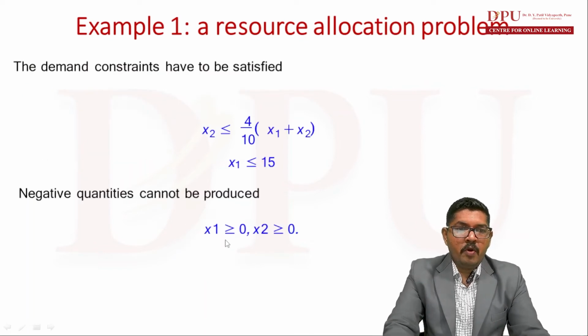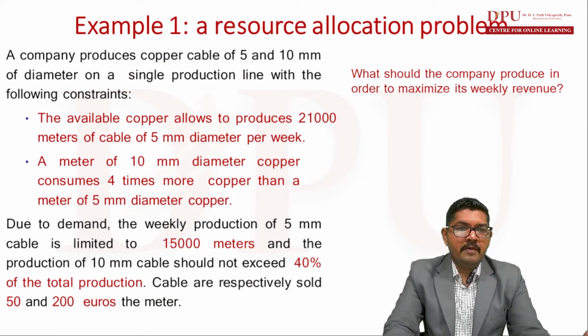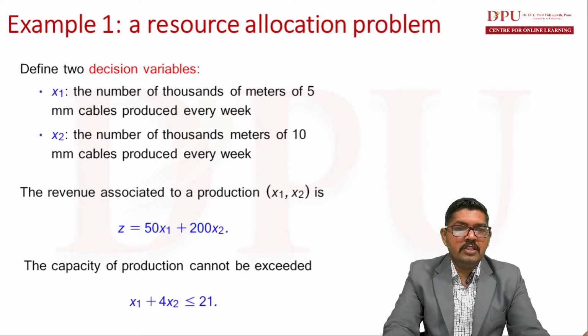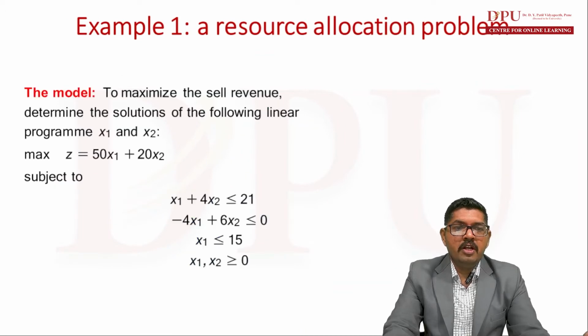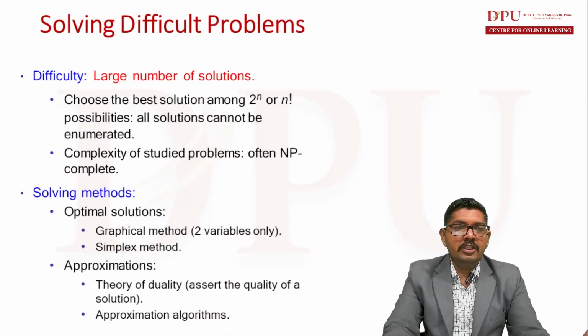So this is from the situation given here, right? The available copper allows to produce 21,000 meters of cable of 5 mm diameter per week. Then a meter of 10 mm cable consumes 4 times the copper of a meter of 5 mm diameter cable. So from all these situations we have formulated this constraint and objective function.